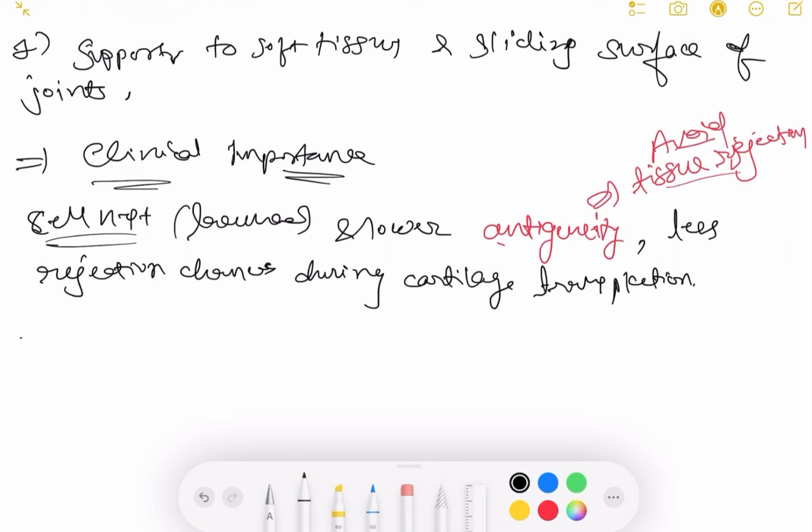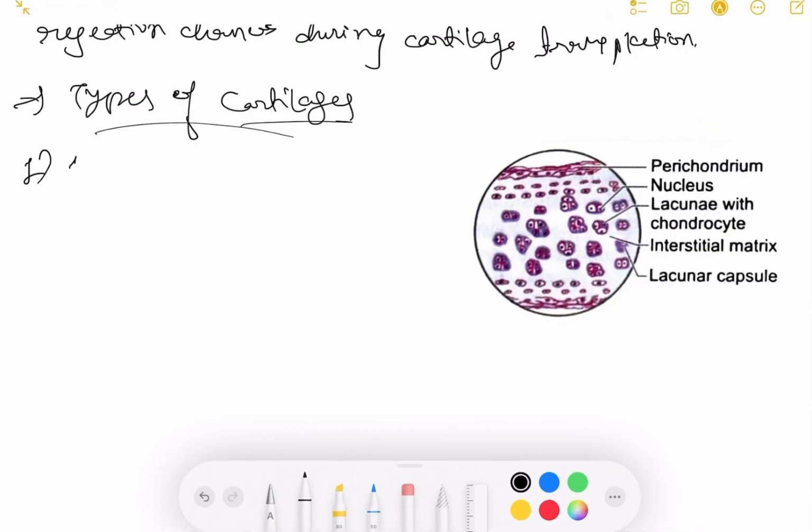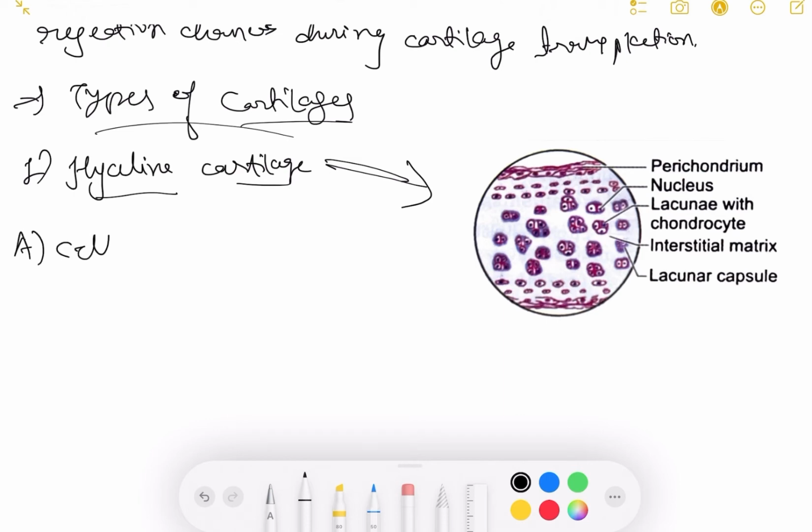Now, talking about types of cartilages. So first one is hyaline cartilage. The figure is about it. Now, if we talk about hyaline cartilage, first we will talk about cells.